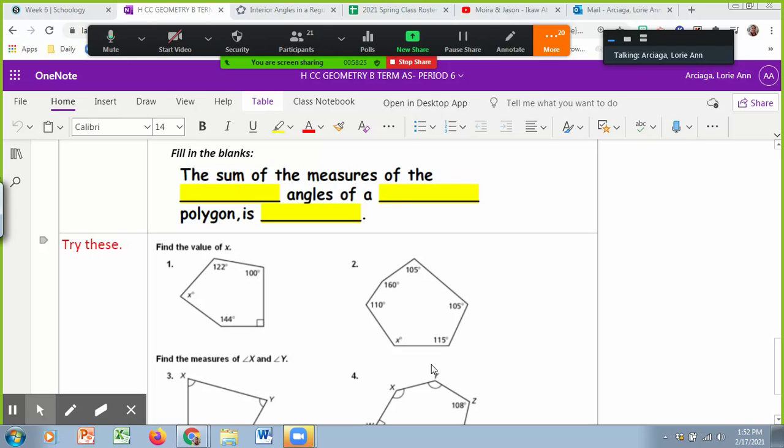Alright. So for number 2, it's 720, right? Because it's a hexagon. So add everything up and tell me how much is remaining for this angle over here. So what is x equal to? 125 from Sabrina. Is that the same thing that the other people are getting? 125?